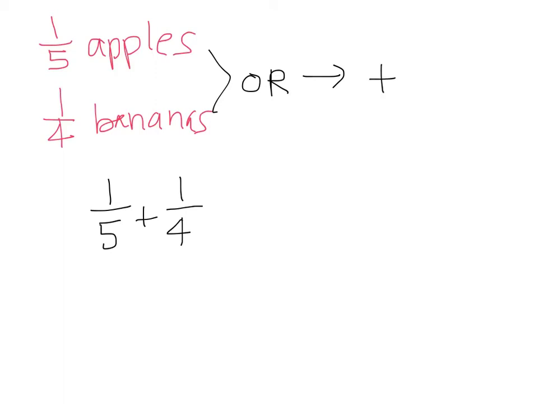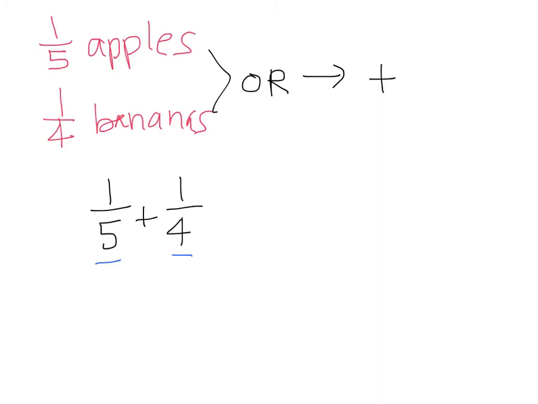Okay, so 1/5 and 1/4. Are the denominators multiples of one another? No. Count by 5s: 5, 10, 15, 20. And anywhere, do I run into a 4? No. Okay, so they're not multiples of one another.